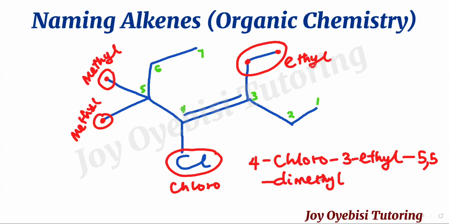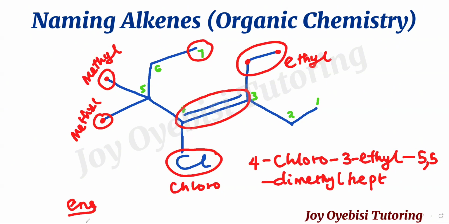So now that we have named all the branches, the next is your parent chain. So the longest continuous chain is the parent chain, and that's what you name last. So the number 7 is known as hept. This double bond is ene, the ending of that functional group alkene.